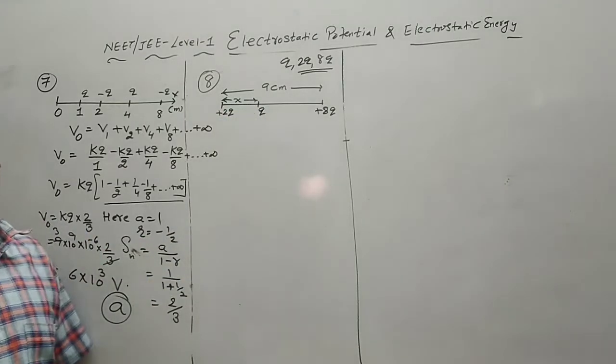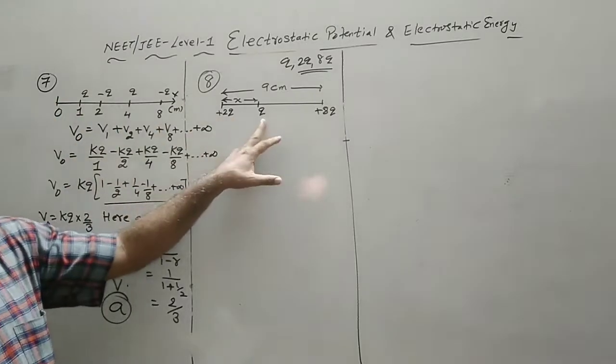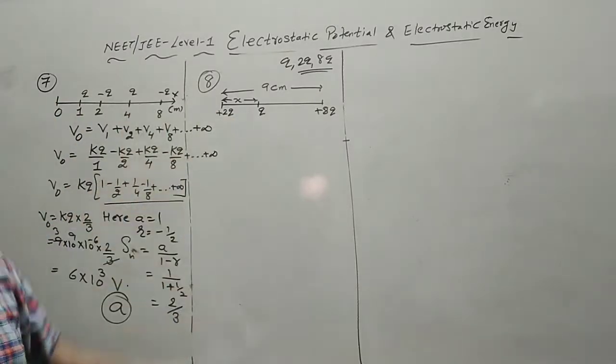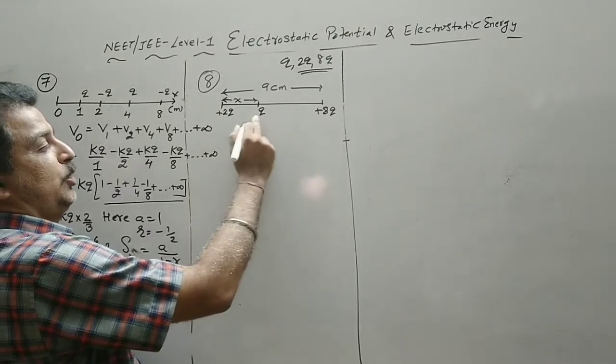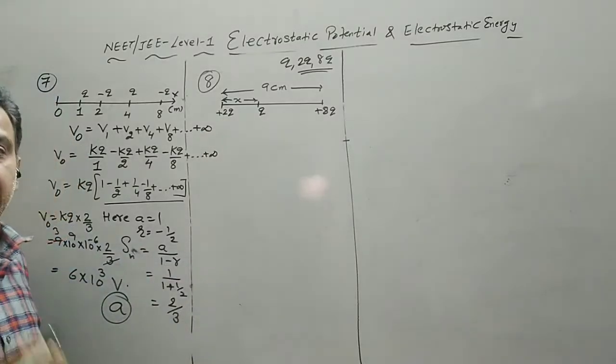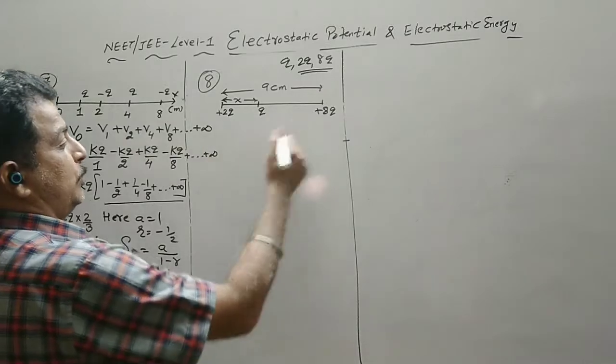Now in order that the potential energy of the system is minimum, the resultant force should be equal in magnitude but opposite in direction. And for minimum potential energy, the resultant force should be 0. So we have to take the magnitude of forces between this system to be equal. So we take the magnitude of the forces between these two charges.